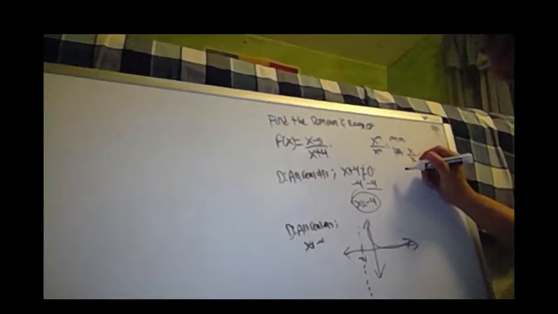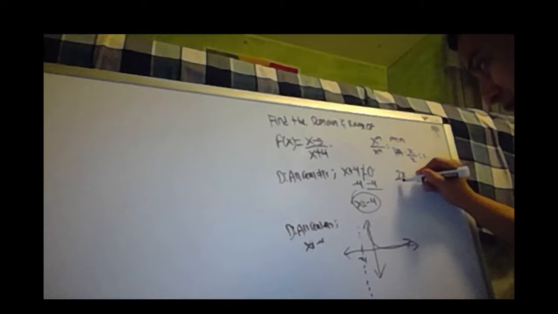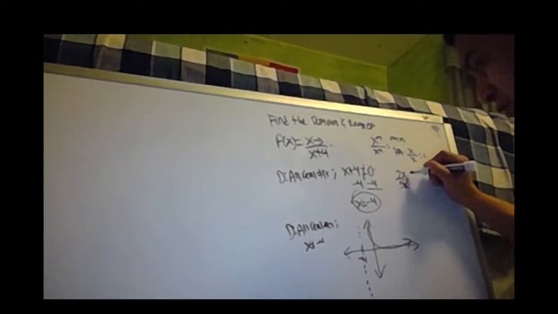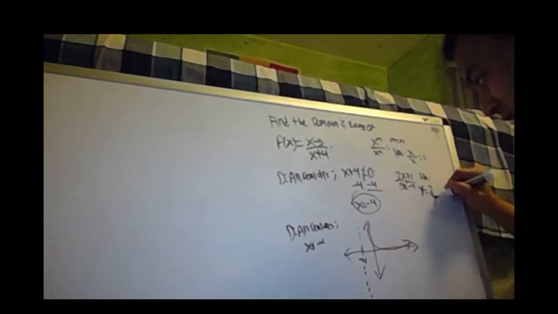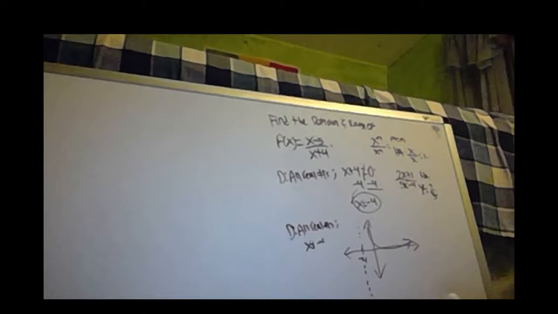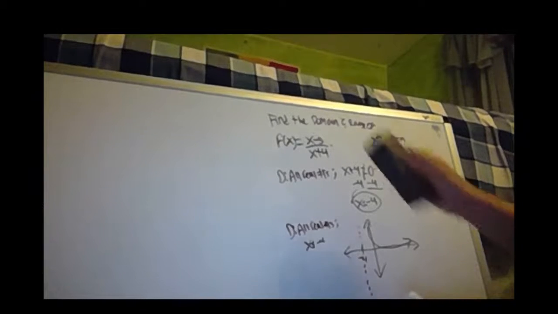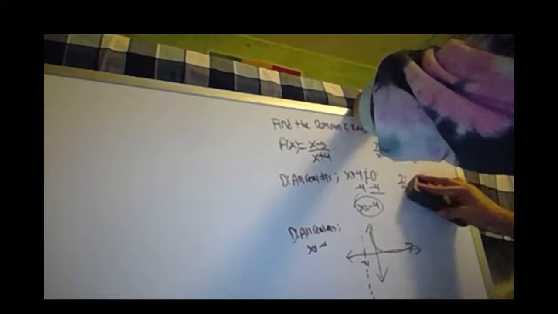Or any kind of value. Again, this is how I taught it in the last video. If we have 2x plus 1 over 5x minus 4, the horizontal asymptote is just 2/5. Y equals 2/5. So the horizontal asymptote for this function here, x minus 5 over x plus 4, is just going to be 1.